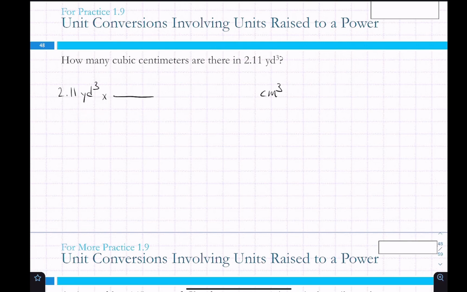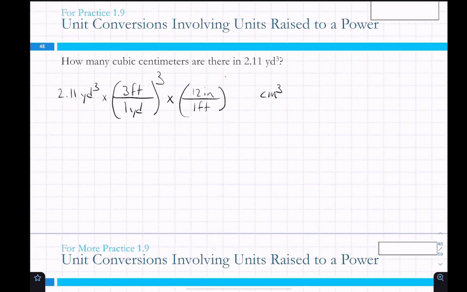So 3 feet, 1 yard, and now because we're doing this cubed, cube that whole thing. So that means it's going to be 27 feet cubed per 1 yard cubed. And then if we want to go from feet to inches, all right, 1 foot, 12 inches, and again, have to cube that whole conversion factor.